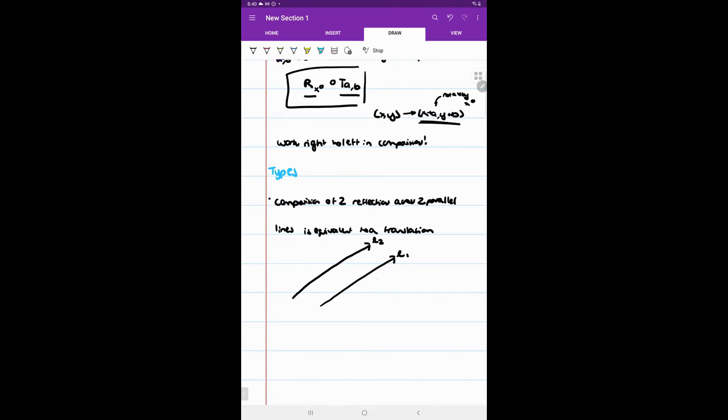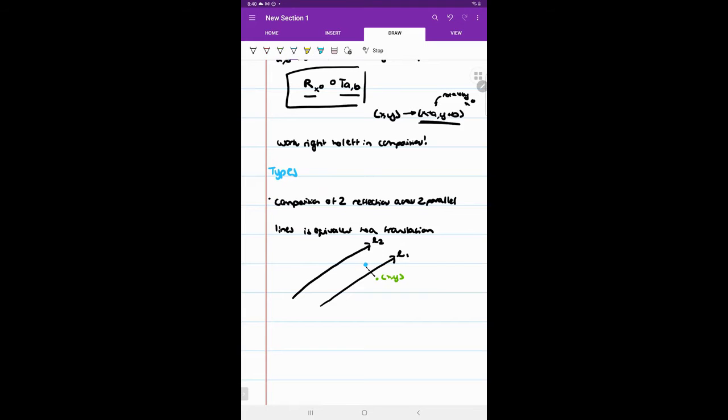First, I have this point (x, y). I'm going to reflect it across the parallel line L1, imagining folding the paper along the line L1 and reflecting it to here.